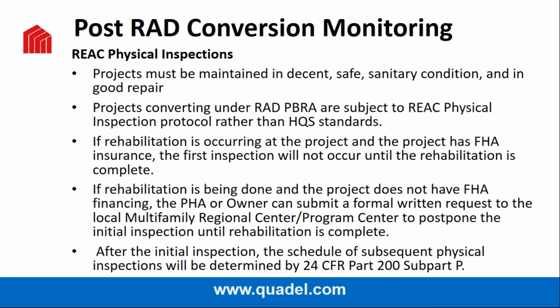So keep those two things in mind. After the initial physical inspection, the schedule of subsequent physical inspections will be determined in accordance with HUD policies and procedures. Essentially, the score will determine whether the project is re-inspected every year, every second year, or every third year.